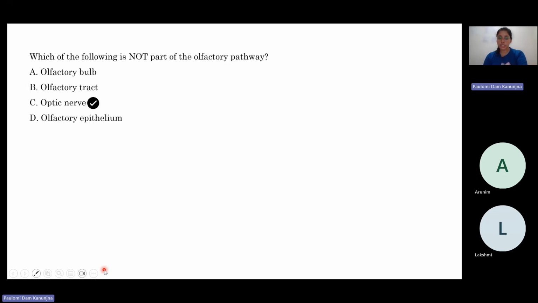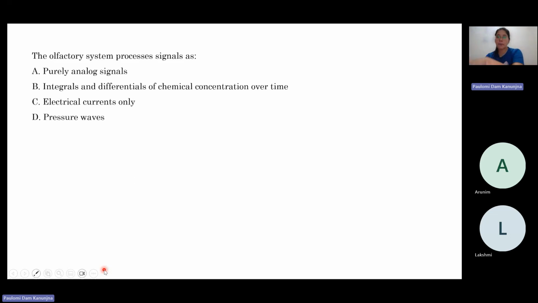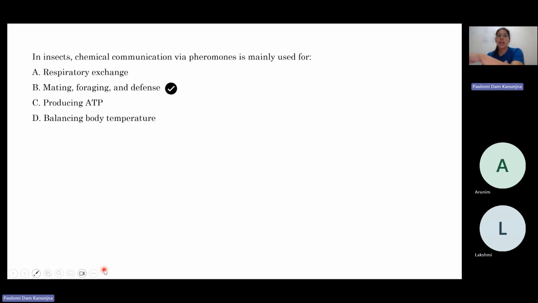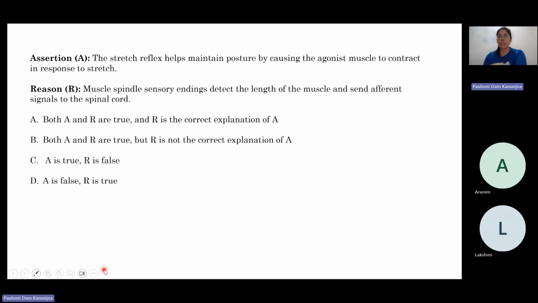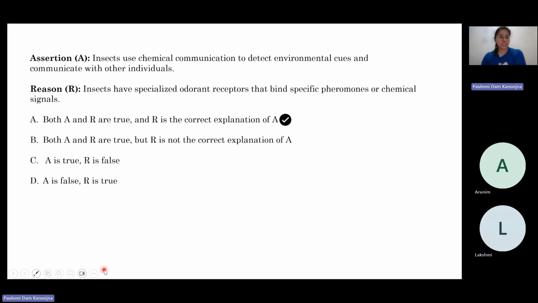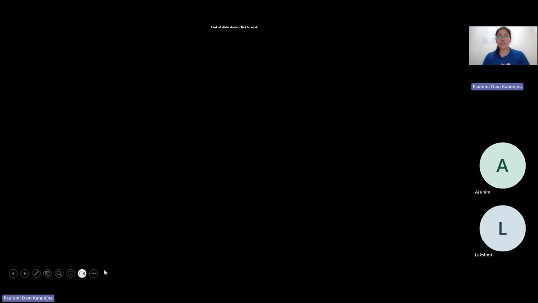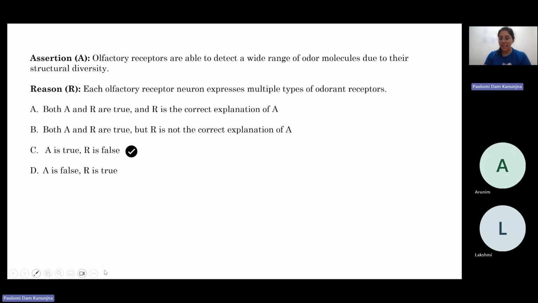I have a lot of questions on smell so that you understand each part of smell better, and then the application of smell. And then you have assertion reason questions, which if you read and try to answer, you will get the answers very well. All of these are there in the video as well with the answers. You can pause, answer, and look into the correct options. The explanation wherever required will be there in the presentation that will be uploaded. So both resources will be available to you for your perusal.